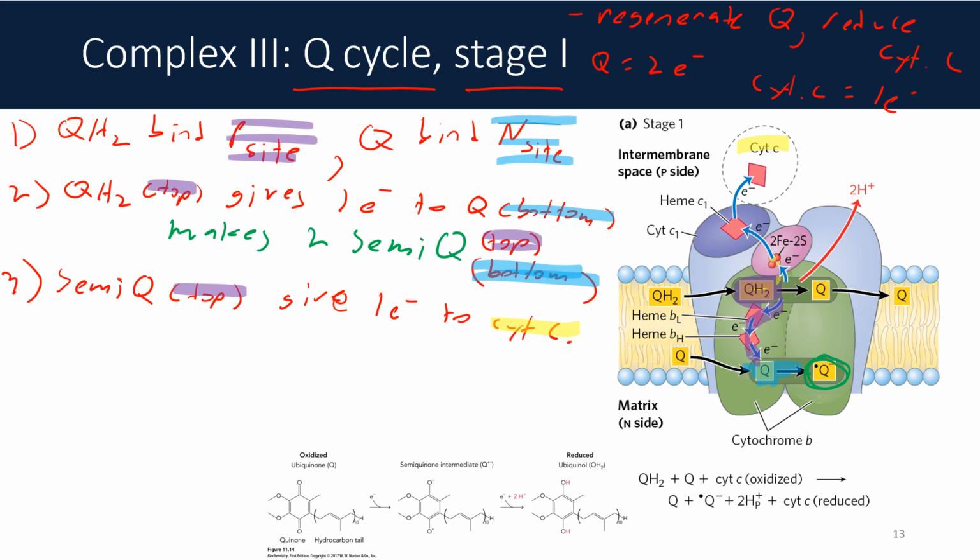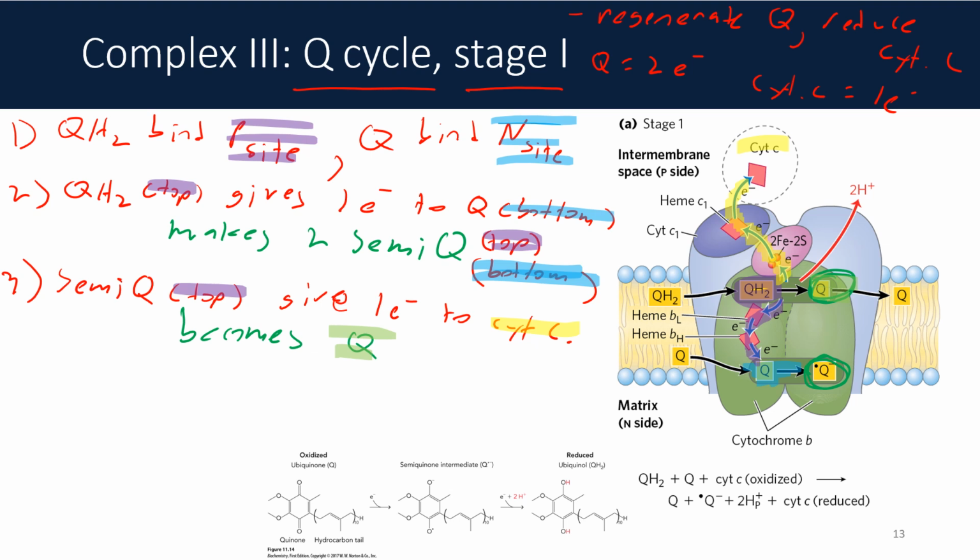So its electrons are going to travel up like so. Once we do that, the semiquinone that was in the top position becomes just regular Q. And let's try highlighting it with light green. It's becoming very colorful.